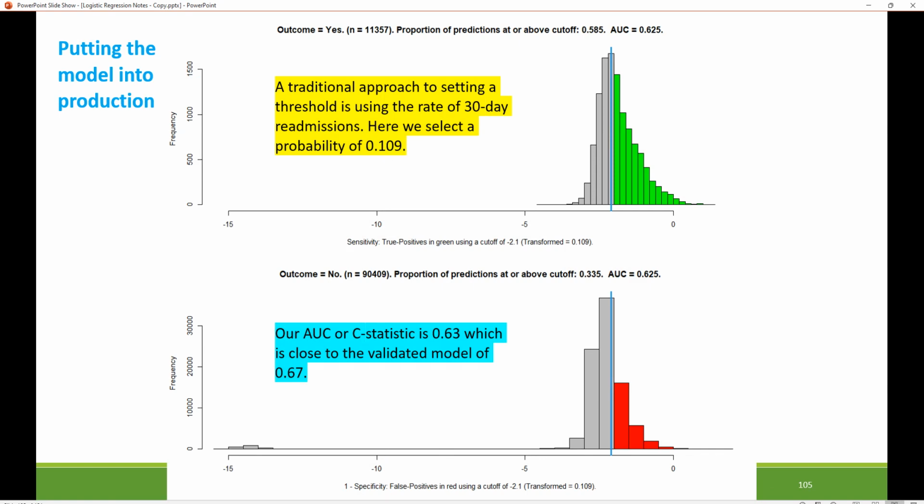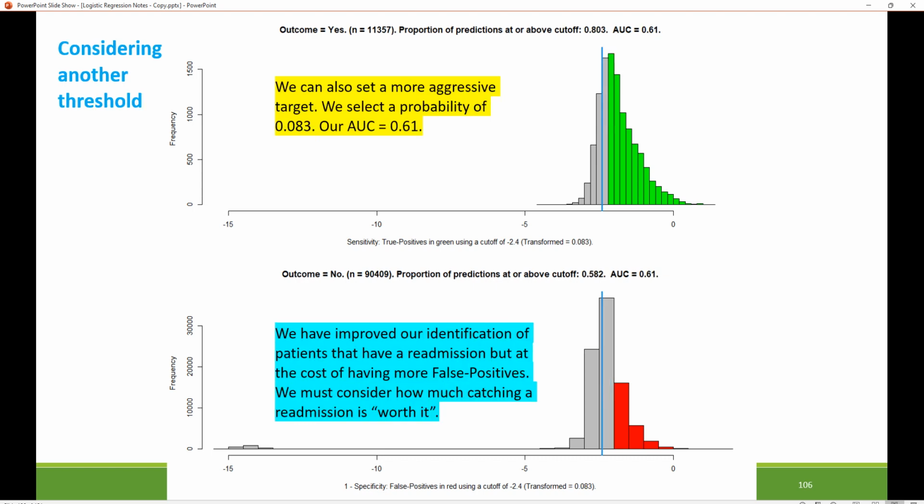It's not the best approach because there are a lot of different things we need to take into consideration, such as the cost and benefit. So we adjusted our threshold. We made a more aggressive threshold. We're able to catch more readmissions, but at the cost of having more false positives.